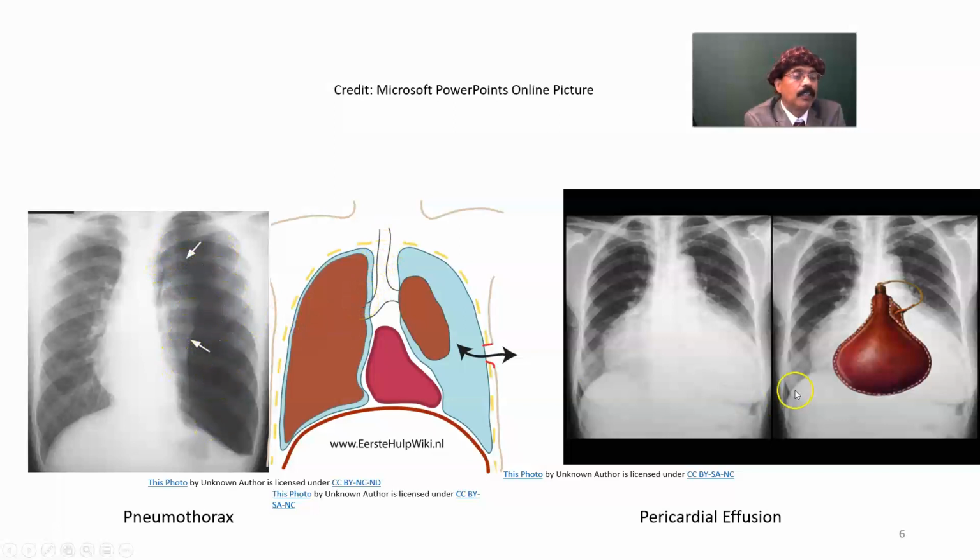Okay, we got that. Here is pericardial effusion. This is the heart. Around the heart, we have fluid collection. Pericardial effusion is a long-standing collection of fluid. If it is a short-standing collection of fluid, we'll call it cardiac tamponade. Okay, that is an emergency. But this seems to be a slow collection. It is called pericardial effusion.